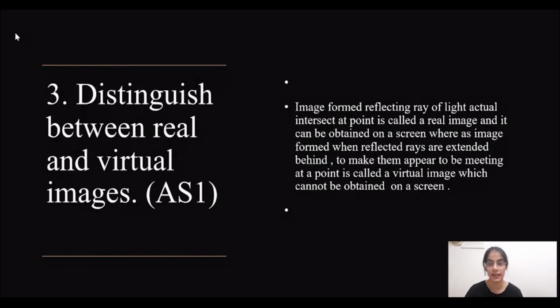Real images can be obtained on a screen, while virtual images cannot be obtained on a screen. Real images can be formed by concave mirrors. Virtual images are formed by convex mirrors, except for one exception where a concave mirror forms a virtual image. That is it for this question. Let us now go to the next one.